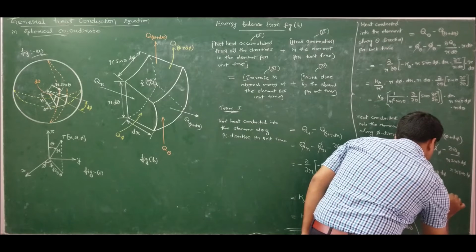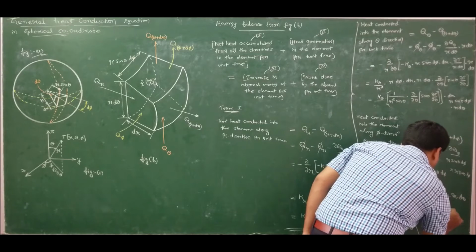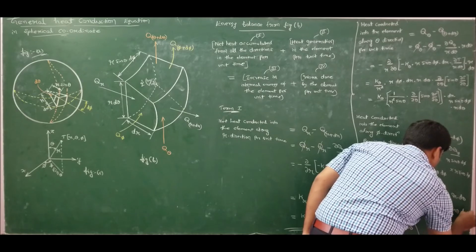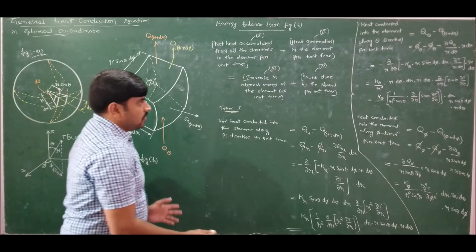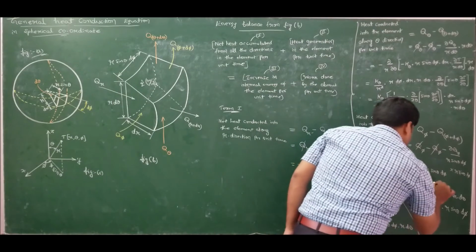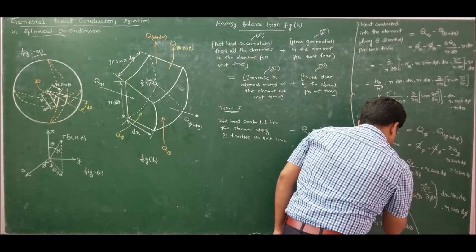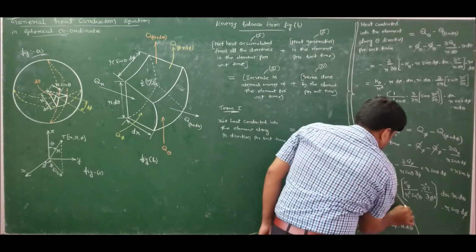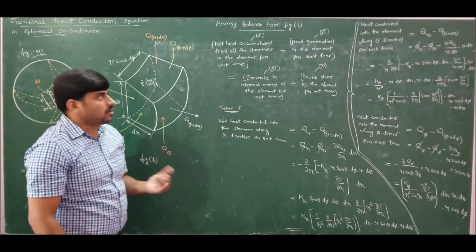Volume is dr r d theta into r sin theta d phi. This is what I will get. So throughout I have taken volume common. Now let me pause this video for a while so that you can copy it down.